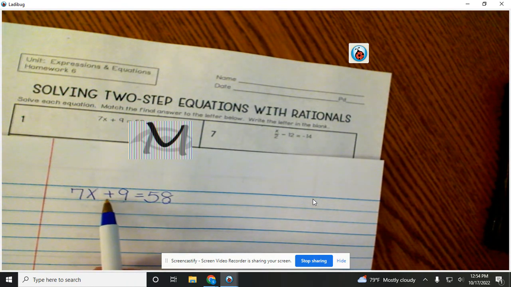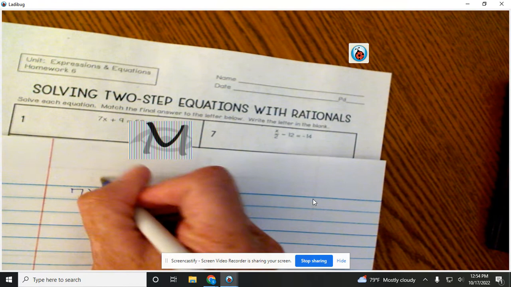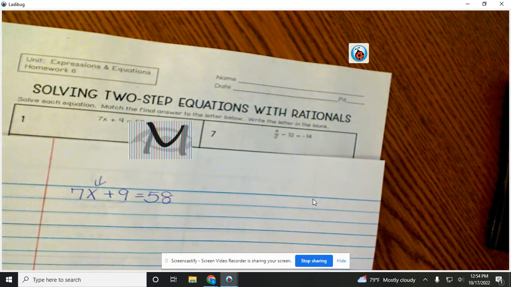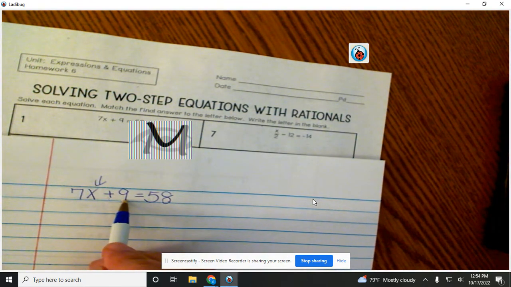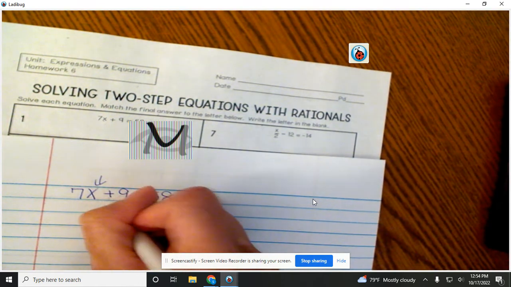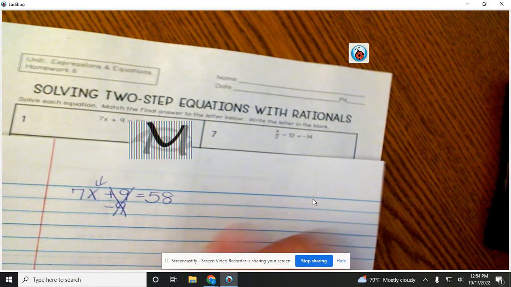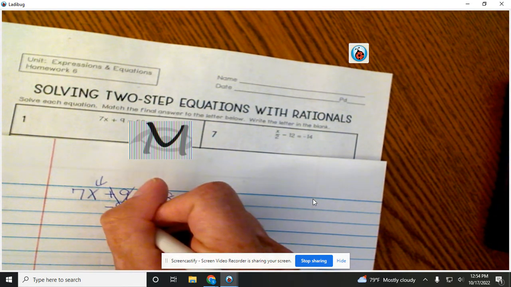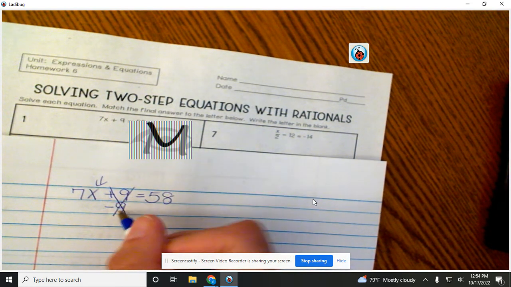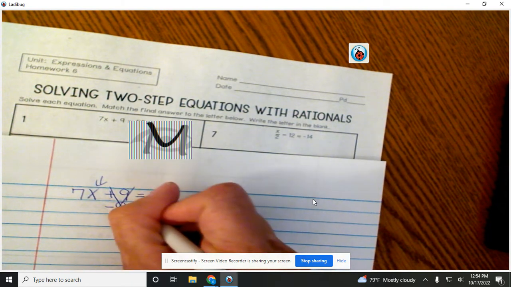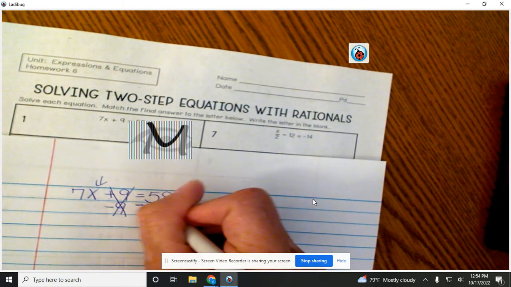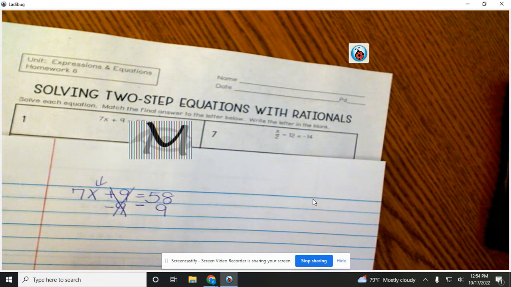Here it has a positive 9, and I want the positive 9 to go on this side because my goal is to solve for x. If you have a plus 9, minus 9 is how you're going to zero this out. Whatever I do to one side, I have to do to the other. So I'm going to minus 9 over here.